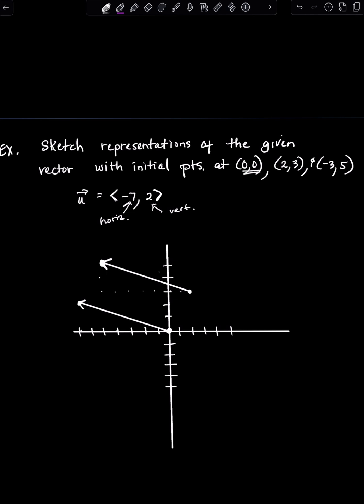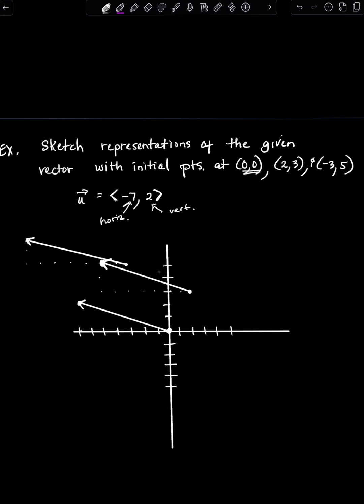So I've got negative 3, and up 5. I'm going to start right here, and then go over 7 and up 2. So I have another vector right there. You'll see by this that I could start the vectors anywhere in the plane.